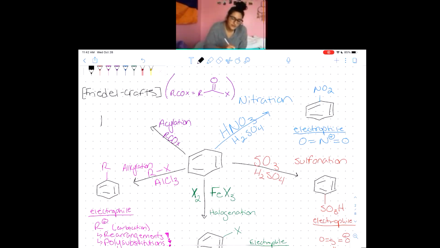And the final product will look like this. Double bond, oxygen. And this is where students sometimes get confused because they don't remember which side you have to add to the ring. We are always going to get rid of the halogen side for Friedel-Crafts, and we're going to add the carbon side.